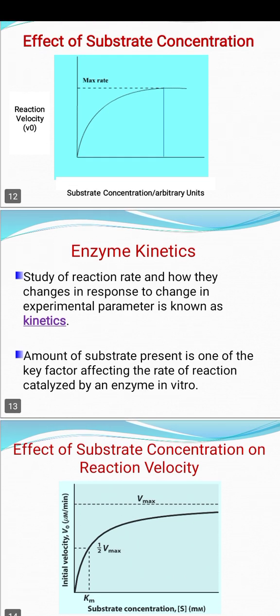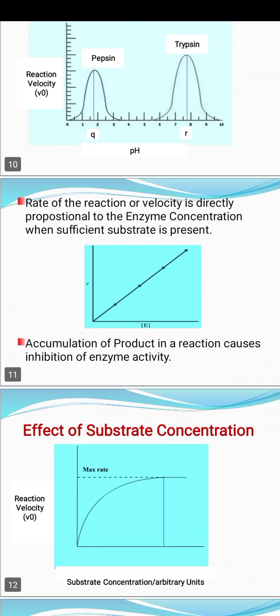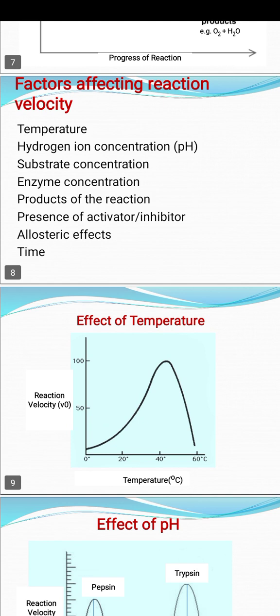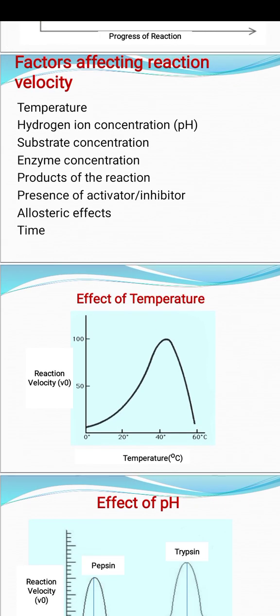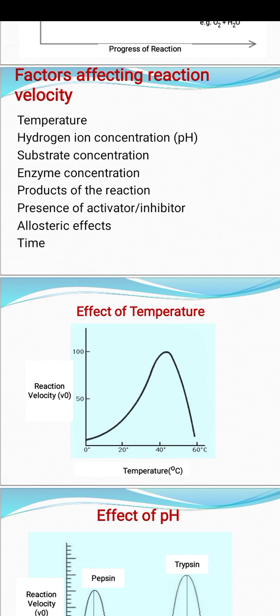These are the factors: substrate concentration, temperature, pH, and enzyme concentration that affect the enzyme reaction or enzyme velocity. In the next lecture, we will study the inhibitors of enzymes. Okay, thank you.